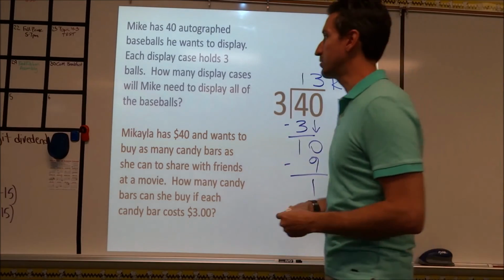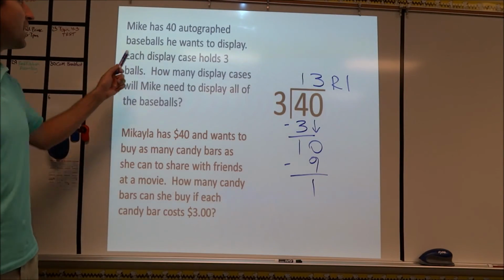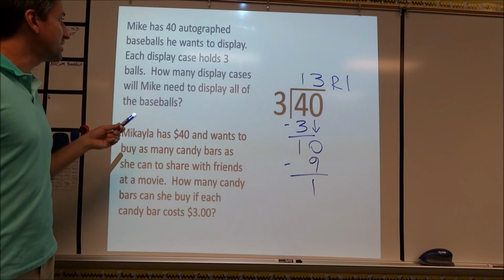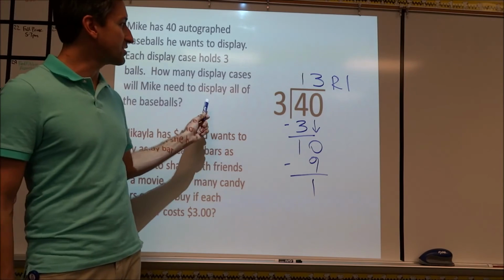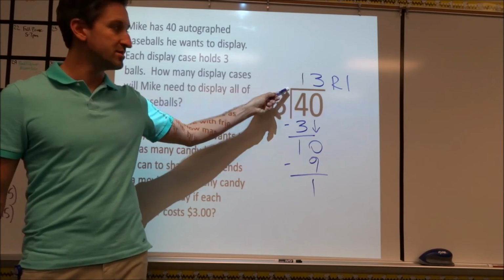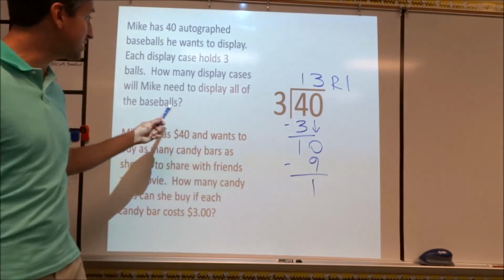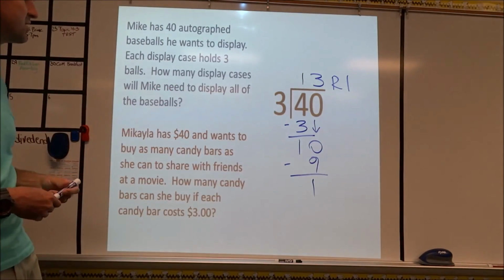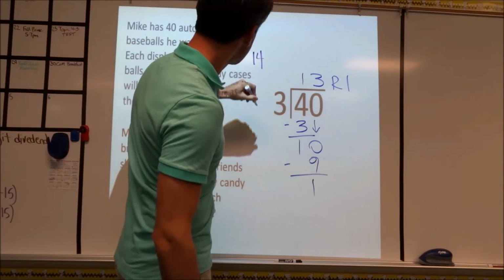Now let's look back at our questions. If Mike has 40 balls that he wants to display, and each display case only holds 3 balls, he's going to need 14 cases. If he only had 13 cases, 1 ball would not be on display. And he wants to display all of the baseballs. So for this one, he would need 14 display cases.